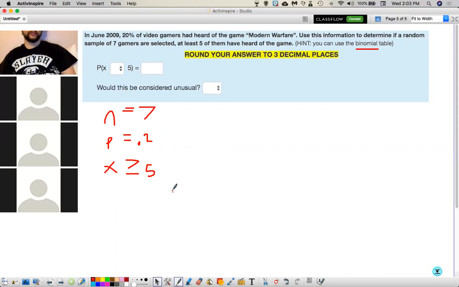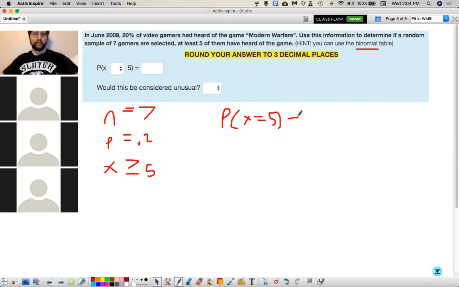So now, if you do have a binomial table, you can easily just find what it is. If you're doing it by hand, we'd have to calculate the probability of X equals 5 plus X equals 6 plus X equals 7.